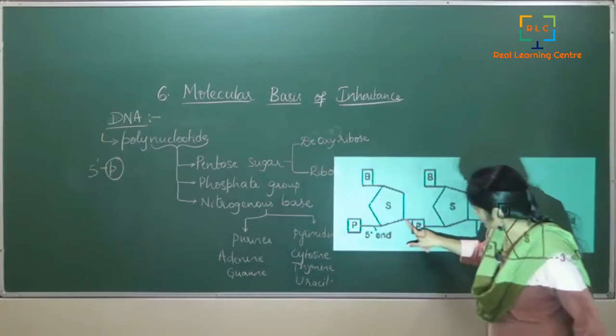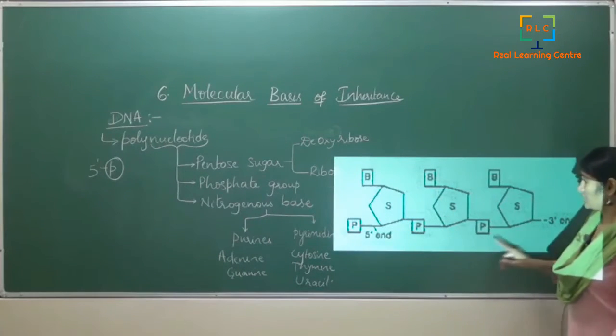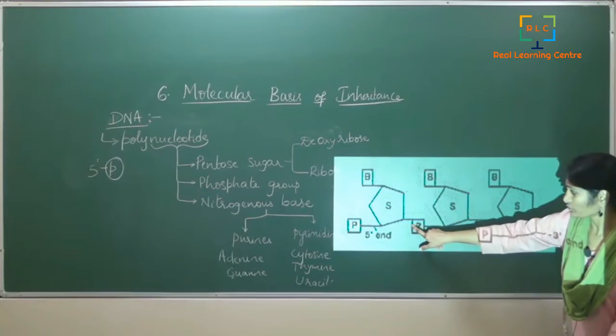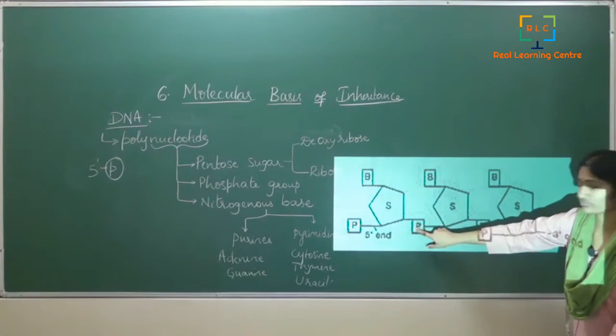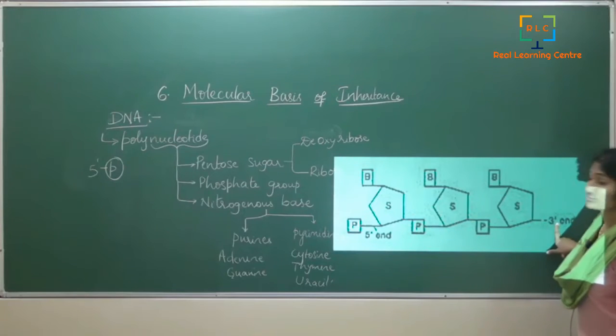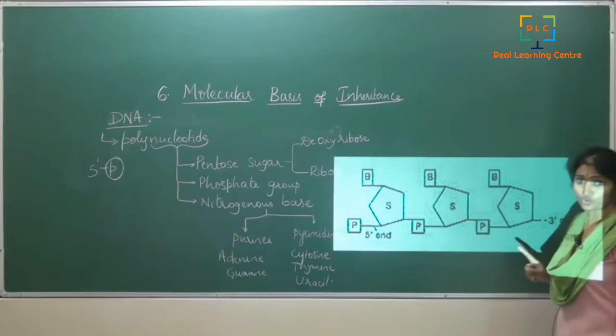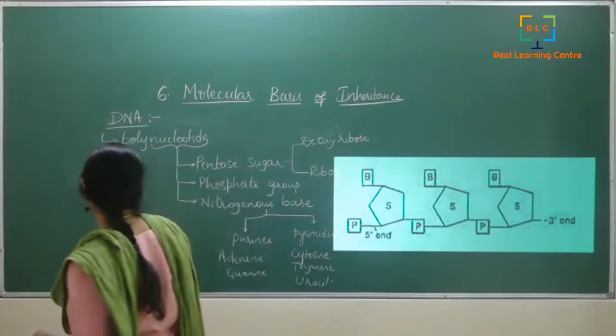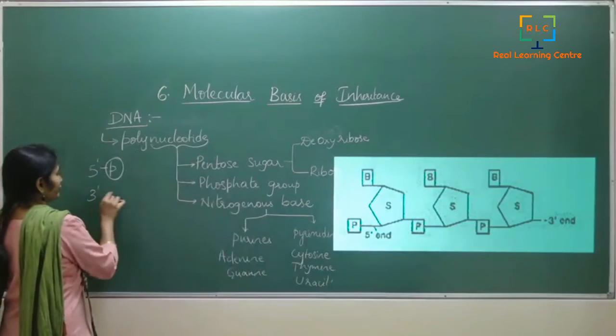Please let us see here what is happening. Now in this position, you see that the third carbon atom is attached to this, right? So you see that the third carbon is free here, and always here there will be one OH group, and that we write as the 3' OH.